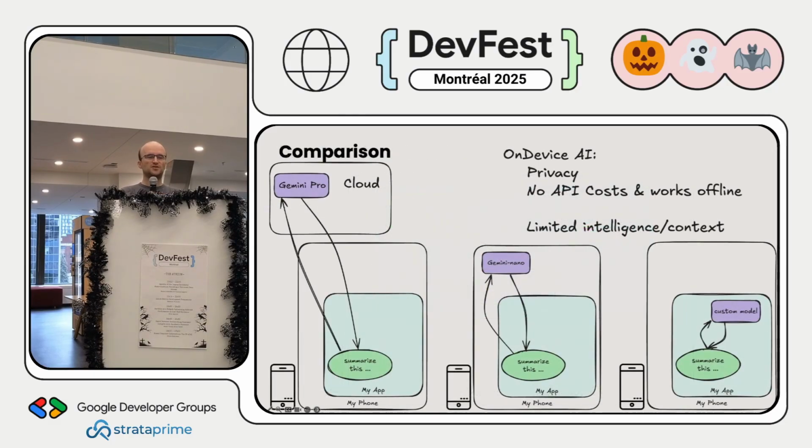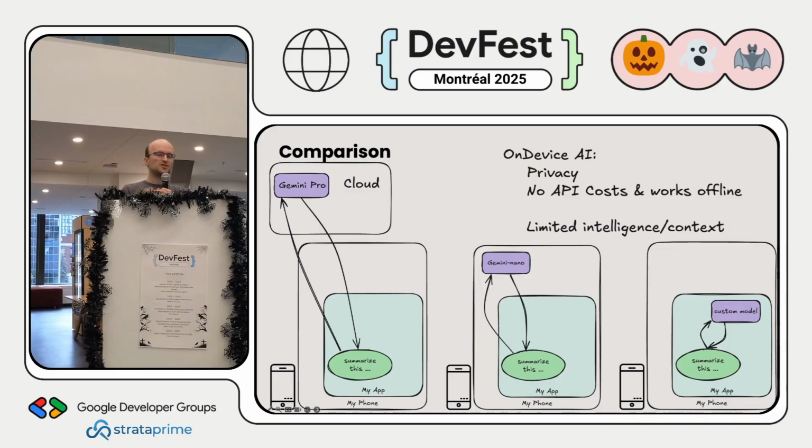So if we put them side by side, the first one is the most powerful. You get the very large model, but you're going to the cloud and there's some API cost to it. The other two have no API costs. There's also a huge concern about privacy, where everything runs locally. So for stuff that is really personal, that can be a huge factor.